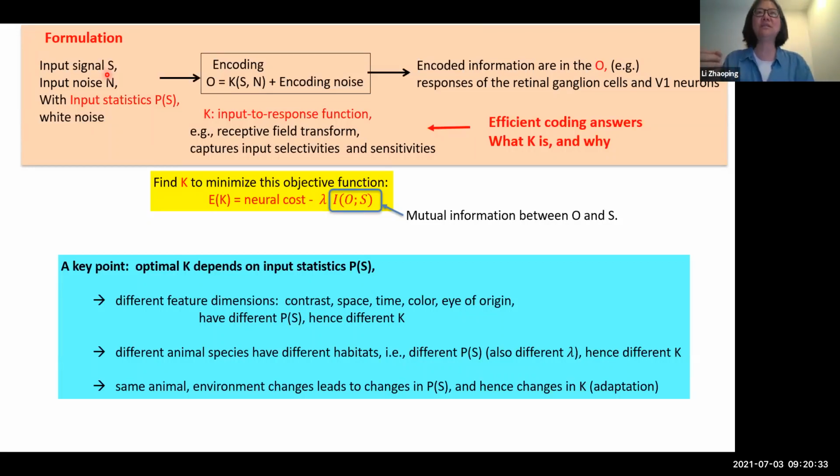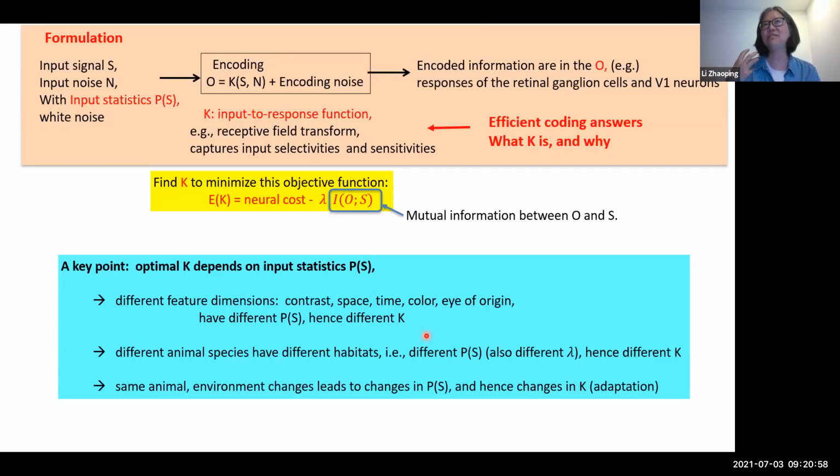In the water environment, the color statistics are different because the blue light is filtered more or less, so you have a different probability distribution of color signals compared to animals living above water. So by giving different input statistics, you get all this diversity. One principle, diversity of results.